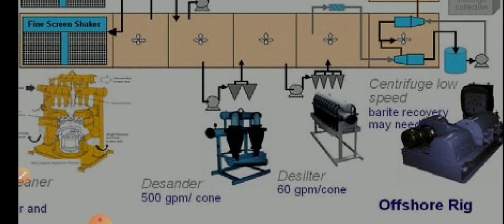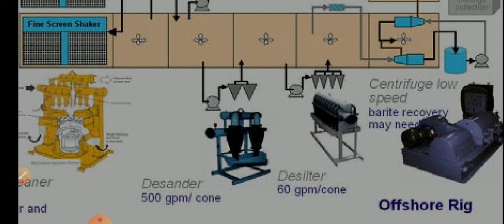Later it goes to the desilter. So see the difference between the desander and the desilter. In the desander we are discharging more mud, that is 500 gallons per minute in one cone. But in the case of the desilter it is 60 gallons per cone.